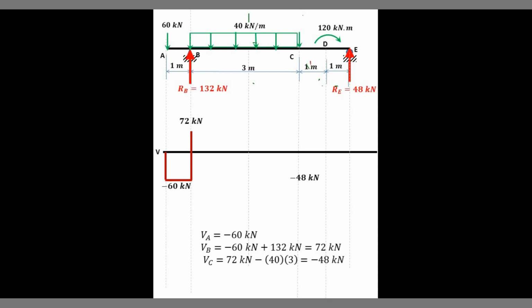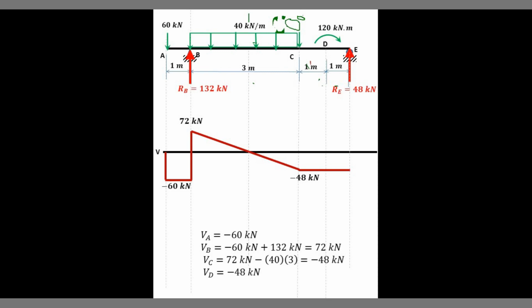Then, since dito sa may load diagram, kapag straight line, that is a 0-degree curve, pagdating dun sa may shear diagram, from 0 degree, magiging 1 degree curve. Ang itsura ng ating 1 degree curve is a slanting line. Then, from C to D, walang load ulit. So, diretso lang siya hanggang kay E.